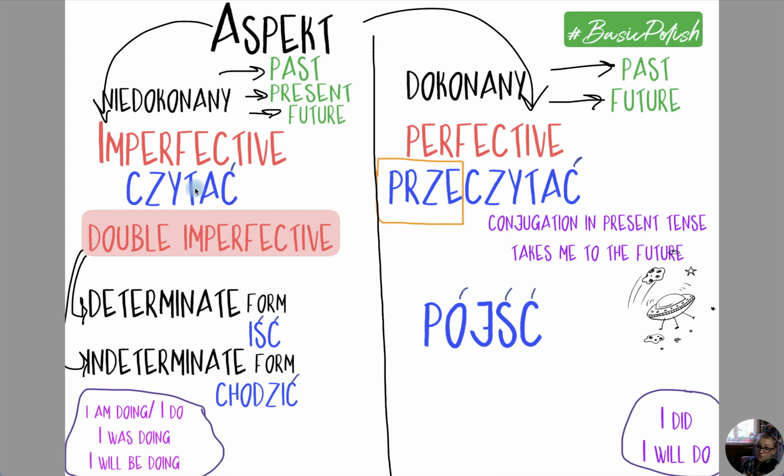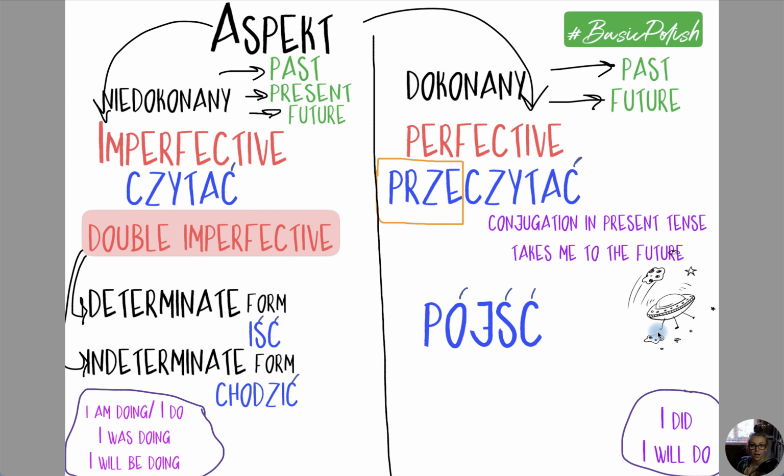So in other words, verbs with imperfective aspect, conjugated in present tense, have present tense. But verbs with perfective aspect, conjugated in present tense, take us to the future. So therefore this UFO spaceship here, future, think future. Okay, no present tense for perfective verbs.